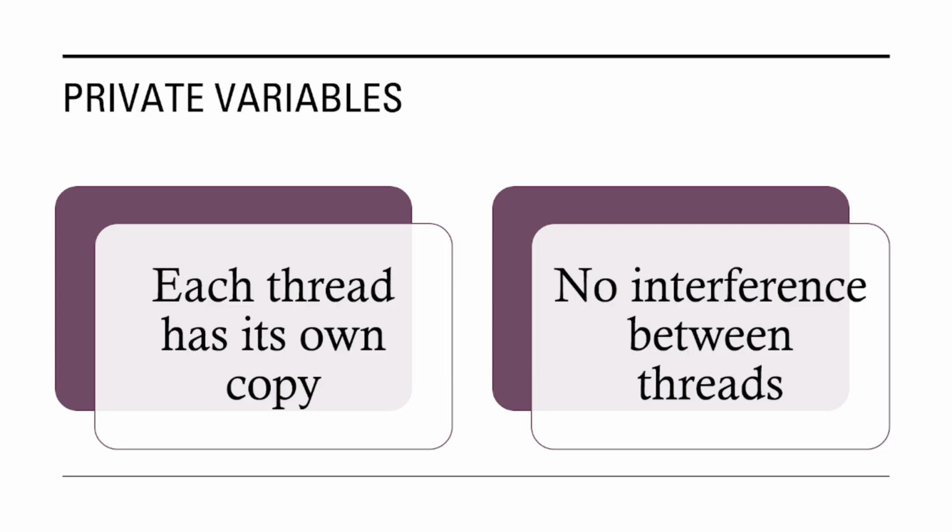For example, if a loop uses a private variable for calculations, each thread works independently, ensuring correct and conflict-free execution. So private variables are essential for maintaining thread independence and data safety, which makes parallel programs more reliable and efficient.